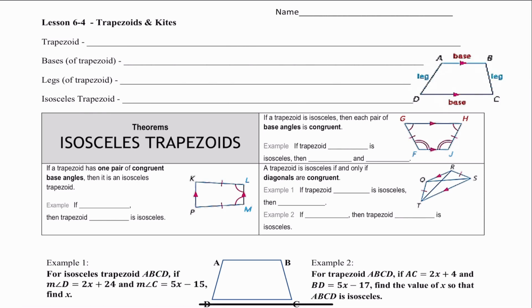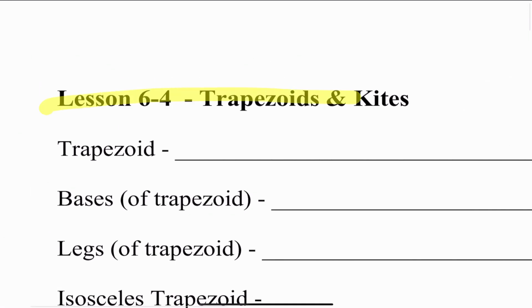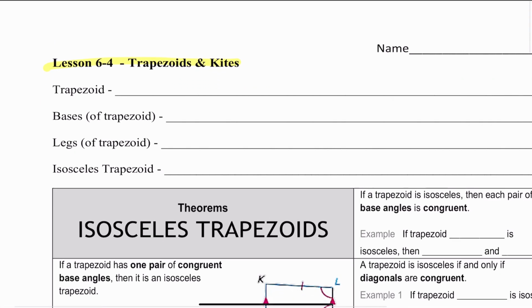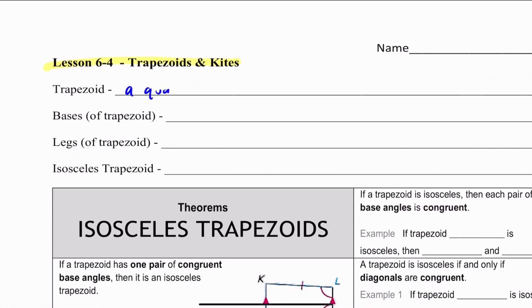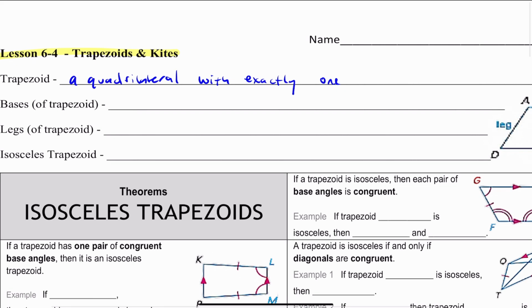Alright, today I want to go ahead and discuss Lesson 6.4, Trapezoids and Kites. A trapezoid is a quadrilateral with exactly one pair of parallel sides.